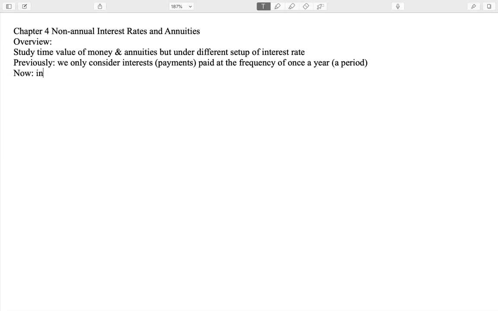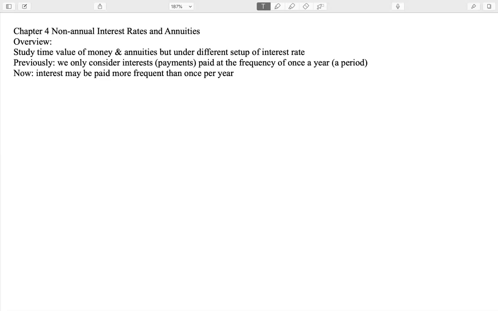Now interest may be paid more frequently than once a year. That is the basic overview. So we keep the old problems, but under a different frequency for interest rate. Let's begin with section 4.1 to see what would change.